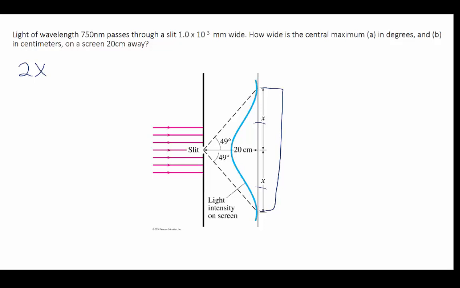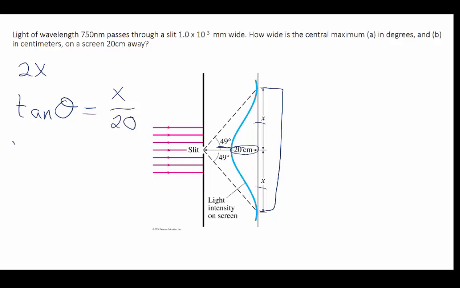And we know this angle is 49. We know that the distance to the screen is 20 centimeters. So we could use tan theta is equal to opposite over adjacent. We know that our theta is 49.